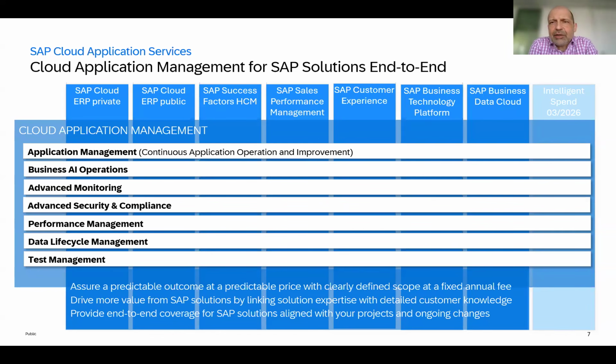And also the main technologies like the business technology platform or the business data cloud are covered. We have also just recently shipped the possibility to use intelligent spend, also known as Ariba. So you can also now utilize these CAS packages for the intelligent spend area.